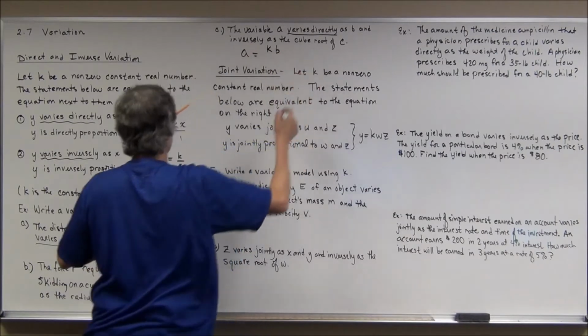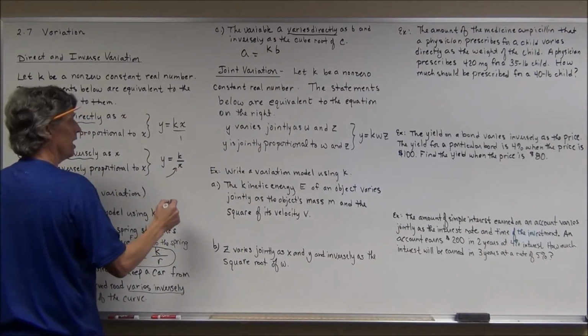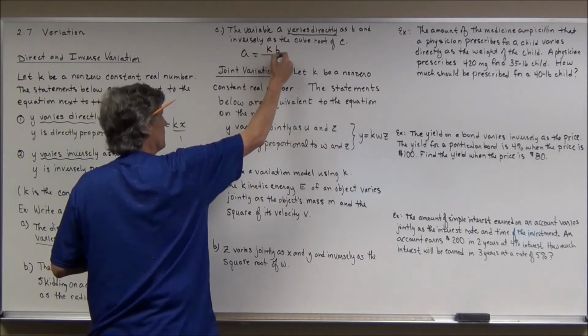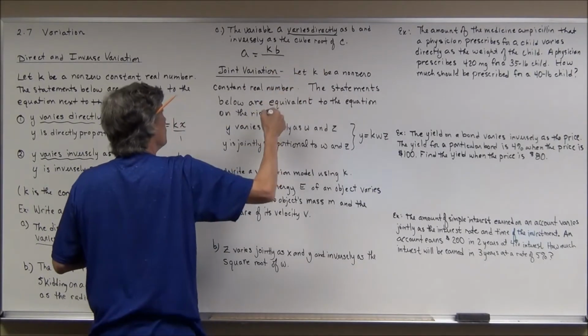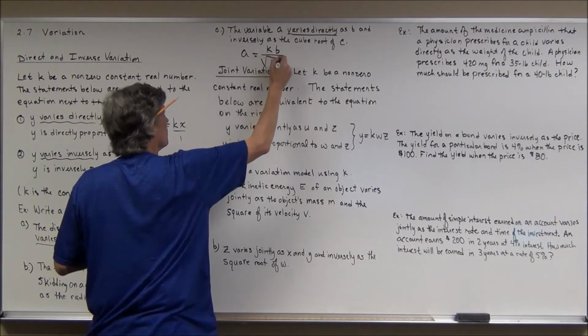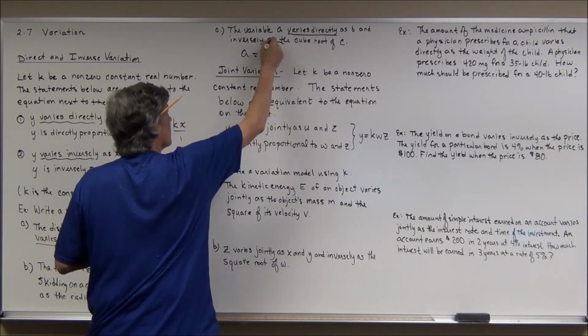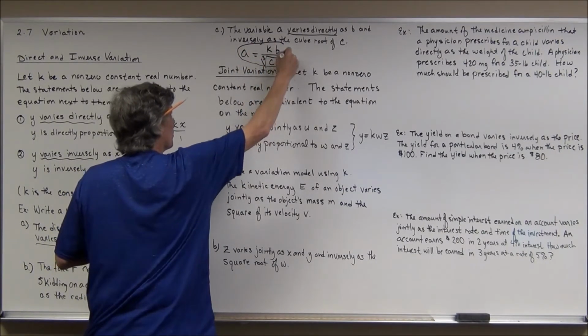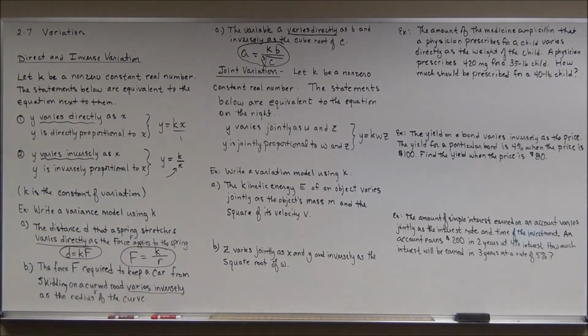And inversely, notice it's going to be in the denominator, so k times b over the cube root of c. So a little practice: you read them, you write them as you read them. It's not that bad. Look for the key words.